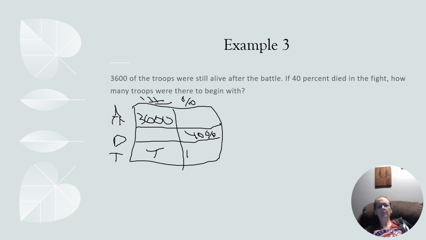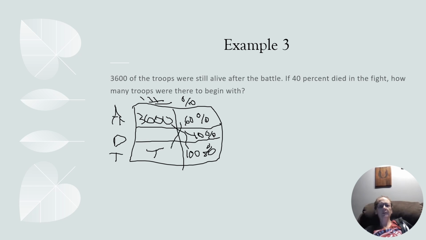Total percent is always 100%. And then we would subtract to get A, because A plus D is total. So this would be 60%. Now you can choose to use that as a 0.6 or 60 over 100. It does not matter how you do this. But again, I don't need the middle box at the end. I just need these 4 boxes.